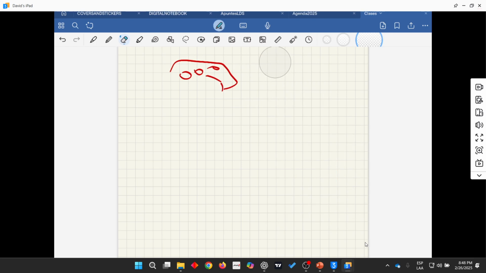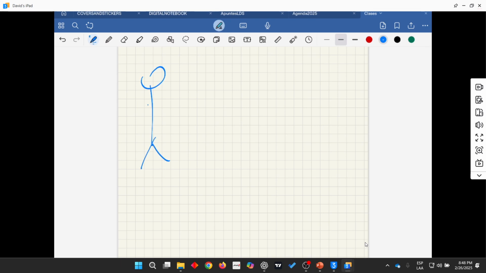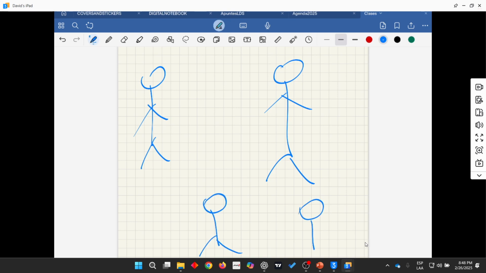So if you take a lot of pictures, the quality is going to be better. So sample is just the picture. This picture, this picture, this picture, as an example. Sample rate means how many pictures you are going to have per second.